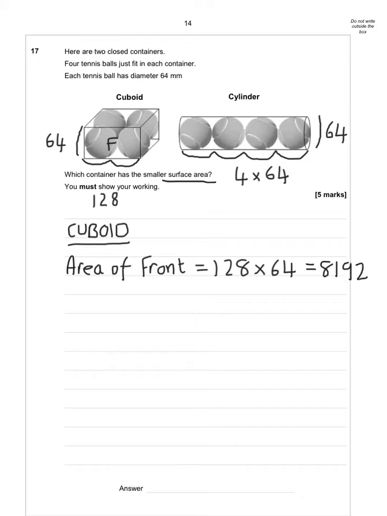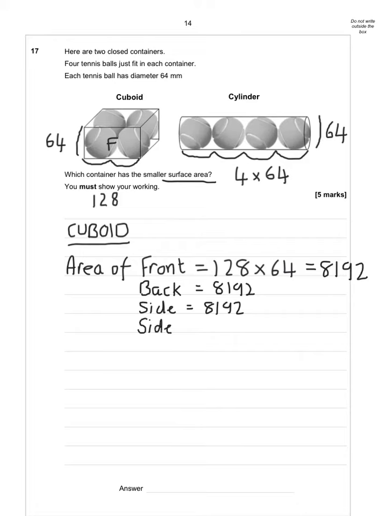Now the front is the same as the back for this cuboid, for every cuboid. It is also the same as the sides as well for this particular cuboid. So I know that the side is also the same and the other side is also the same.